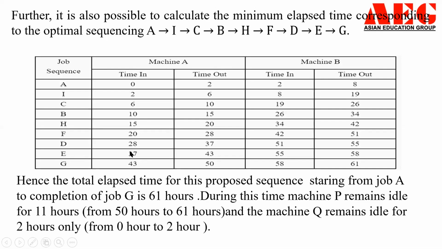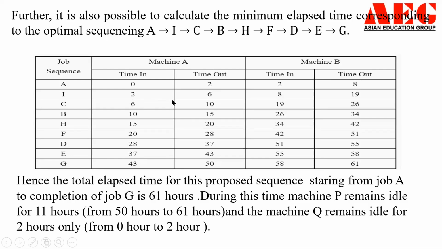Now, first of all, we will schedule all of machine A. As machine A removes the first job, A, it will automatically take the job I on the same instance, because we had studied in the algorithm assumptions that the changeover of the job on the machine is negligible.